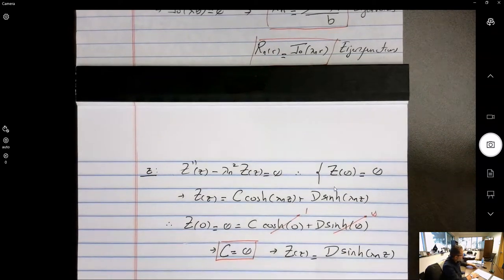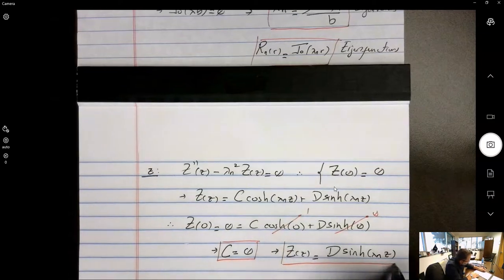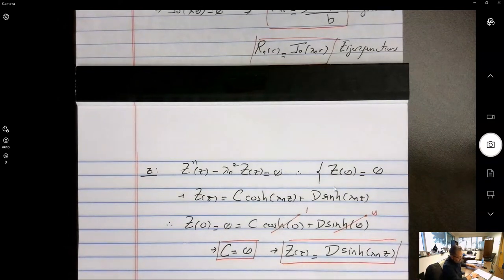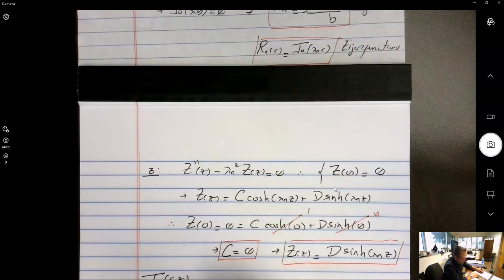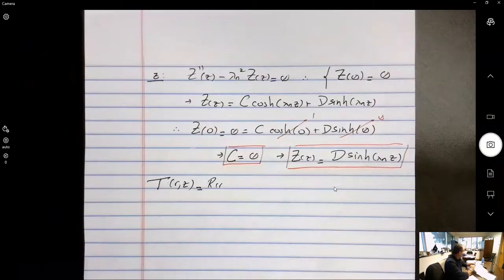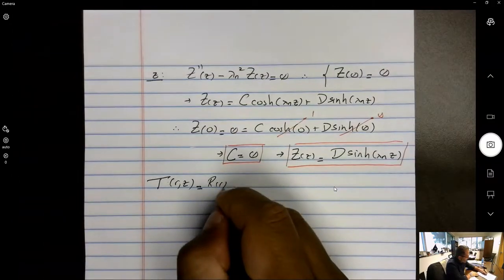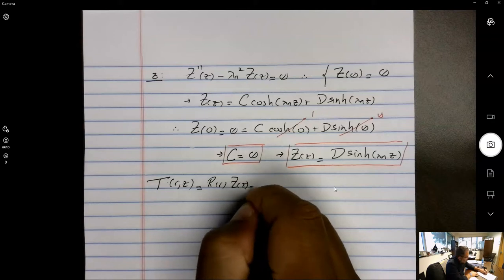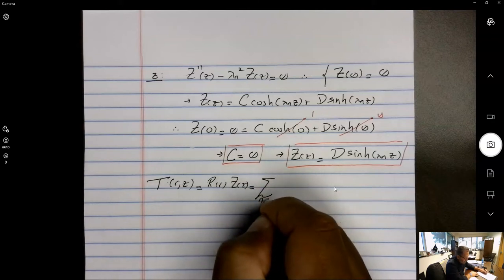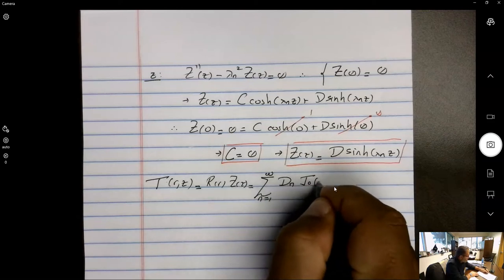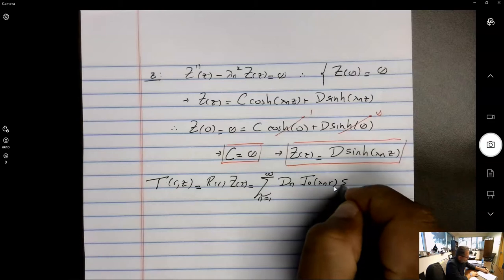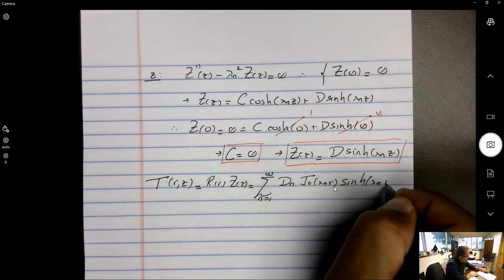So we end up with a single function, a single constant of integration, and then we can just simply combine them. The temperature of r and z should be equal to R of r times Z of z, which is equal to the summation from n equal 1 to infinity, d_n times J0 of lambda n r sine hyperbolic of lambda n z.